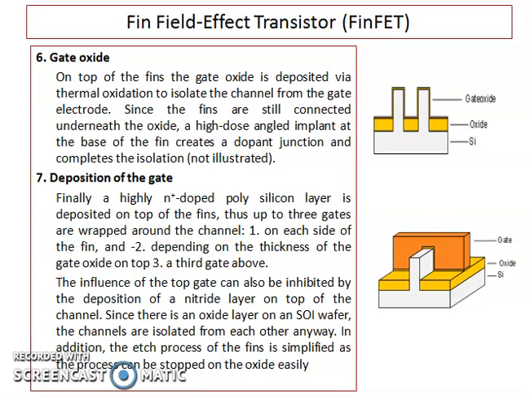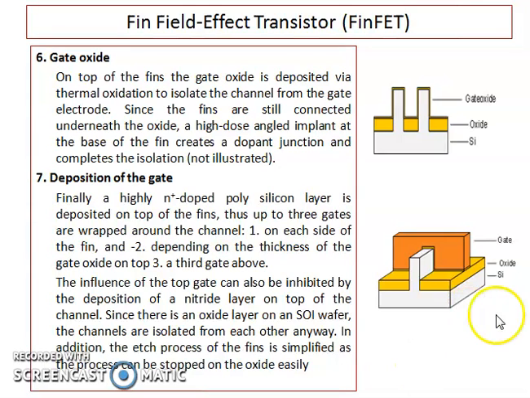of the channel. Since there is an oxide layer on an SOI wafer, the channels are isolated from each other anyway. In addition, the etch process of the fins is simplified as the process can be stopped on the oxide easily. Here the term SOI indicates silicon on insulator technology.